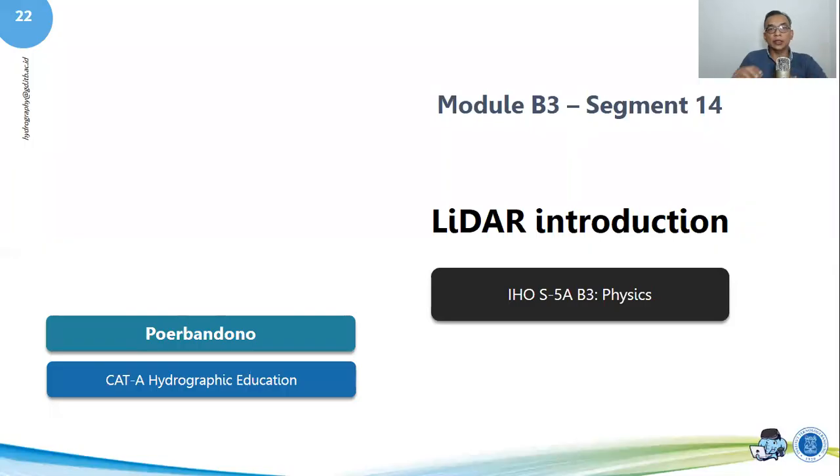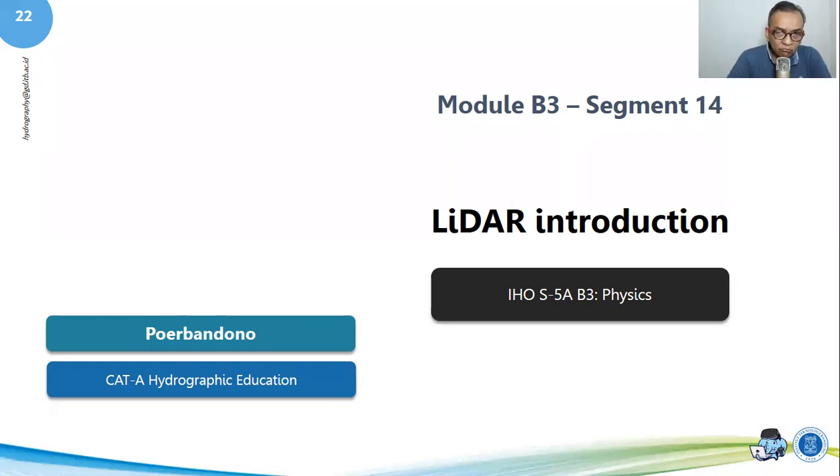This is a discussion about the use of light for bathymetry, but this time we are working with an active system, so a laser system. And here is my introduction to LiDAR, or light detection and ranging.